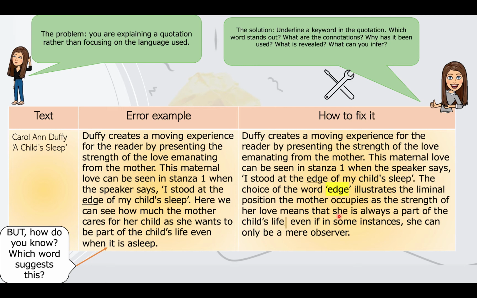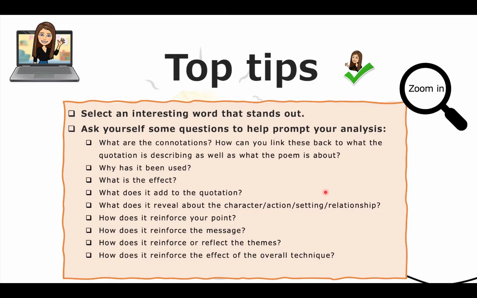The love is still there. So we've also linked it all the way back to the point as well. We've analysed the connotations, we've thought about the effect within the line, we've thought about the effect within the poem as a whole, we've linked it back to the meaning of the poem. So we have a really good analysis here on just one word.